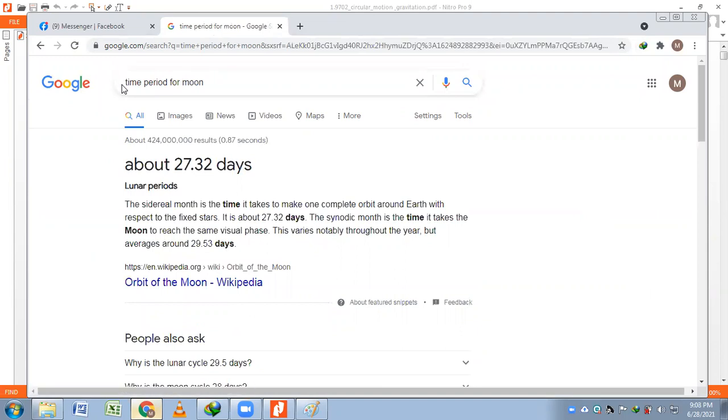That's how we define the lunar month. So the moon goes around the Earth in about 27.32 days. That's a really large amount of orbital duration.